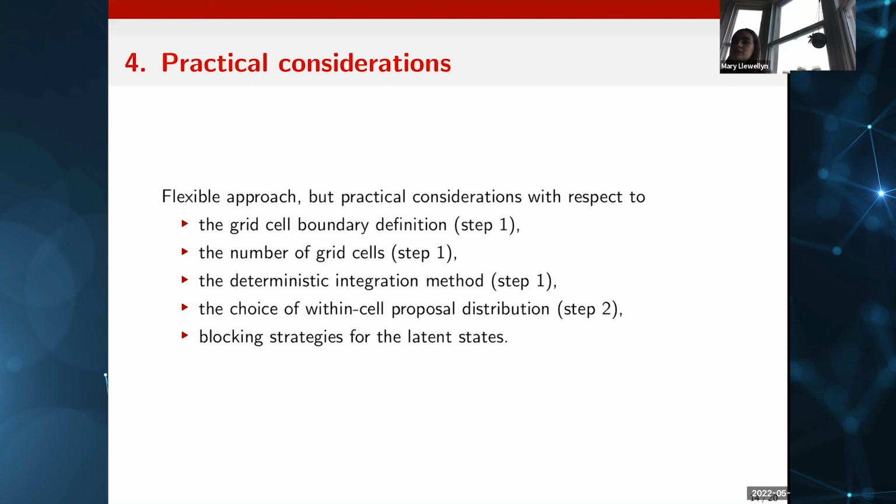Okay, the third thing you might want to consider is that you have to define a method for deterministically integrating the state-space model densities in each grid cell. That's the step where we're trying to get an expression for the system of the hidden Markov model. In our paper, we focused on just using very simple midpoint integration, as I said before. But we did try higher order integration methods.